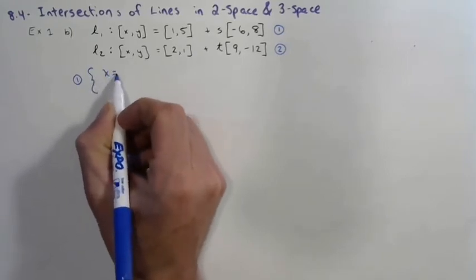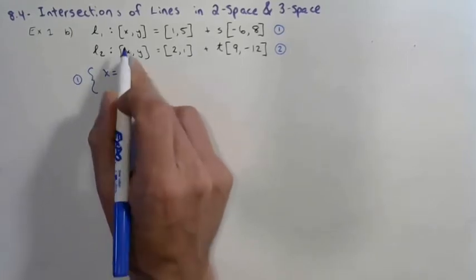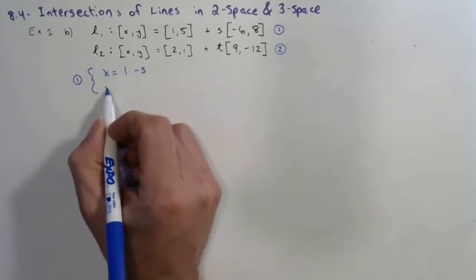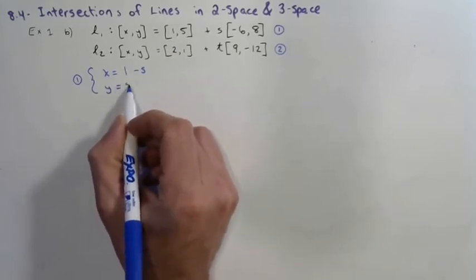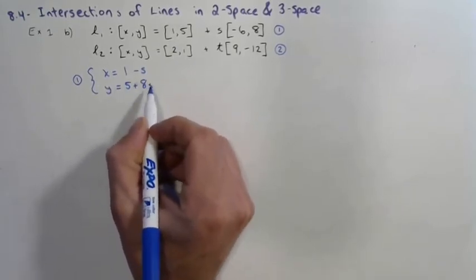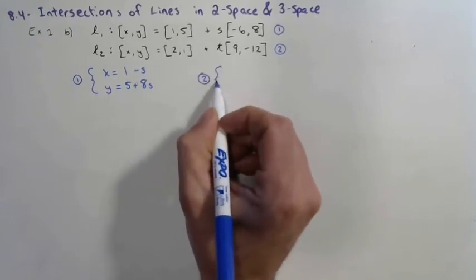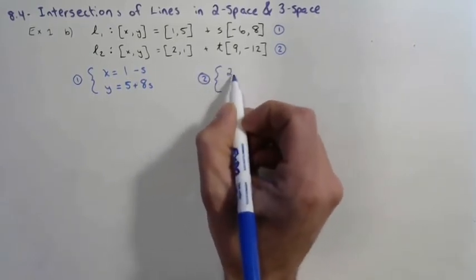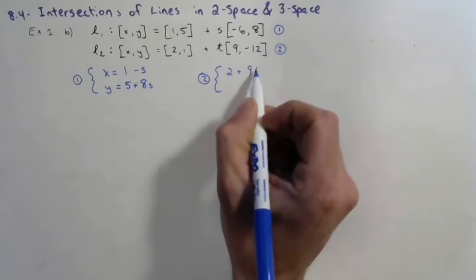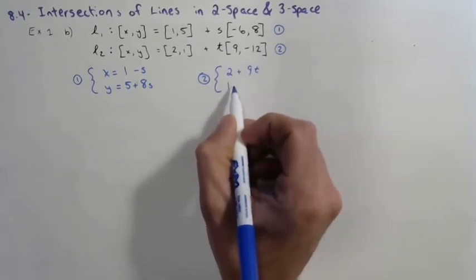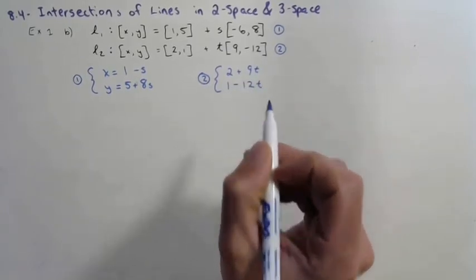It's got x equals 1 minus 6s, y equals 5 plus 8s. And over here in equation 2, we have 2 plus 9t and 1 minus 12t.